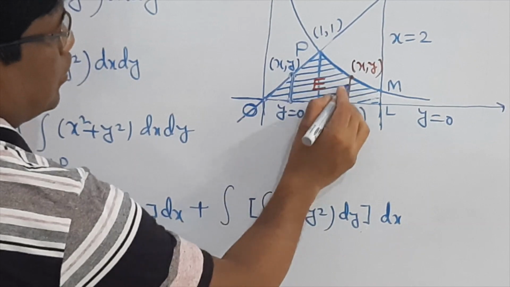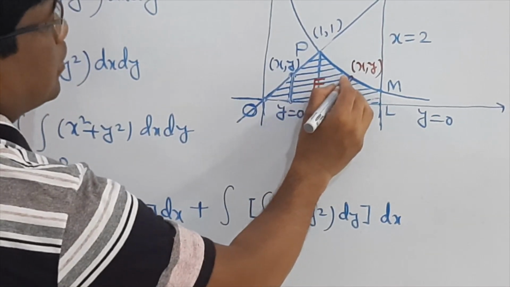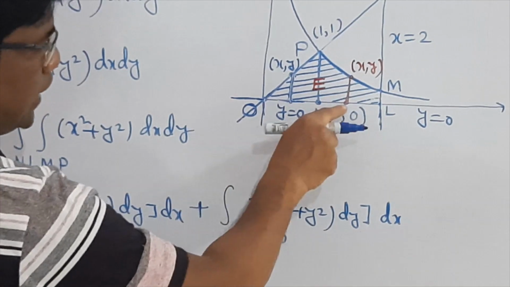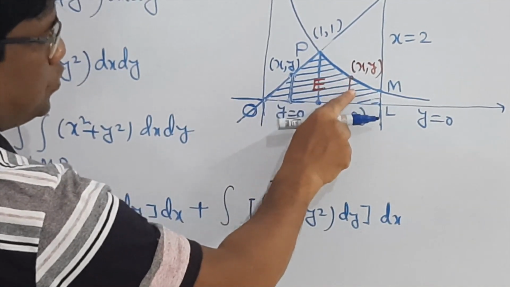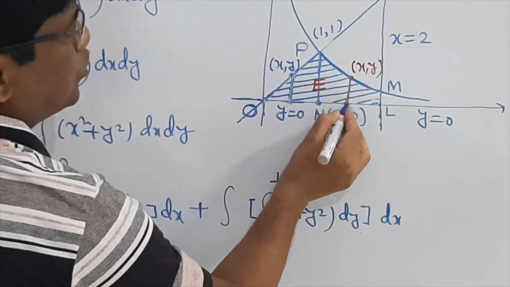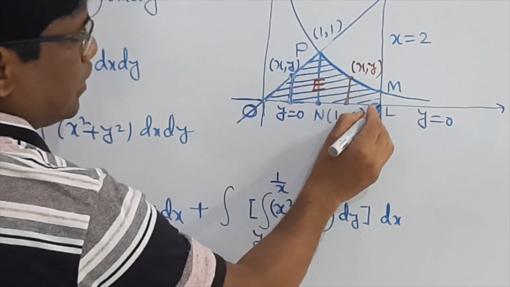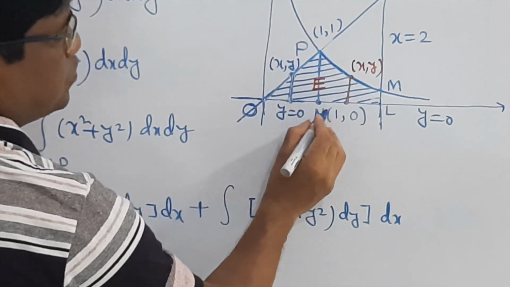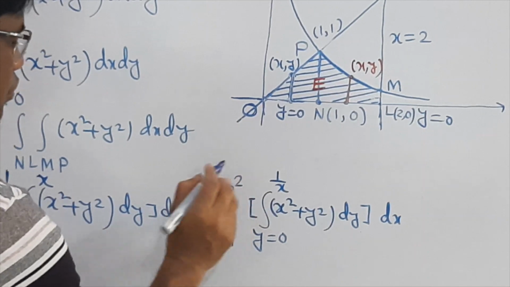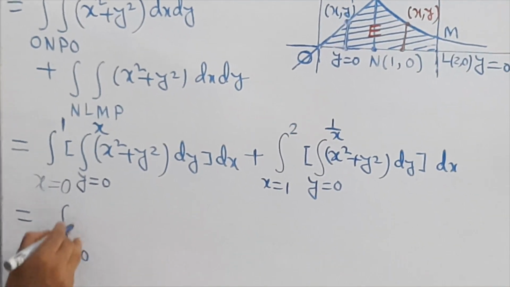The lower limit of y is equal to 0 and the upper limit of y is equal to 1 by x, and the line moves from N to L, that is, the foot of the perpendicular moves from the point N to L, and hence x changes from 1 to 2. Next step, x is equal to 0 to 1.